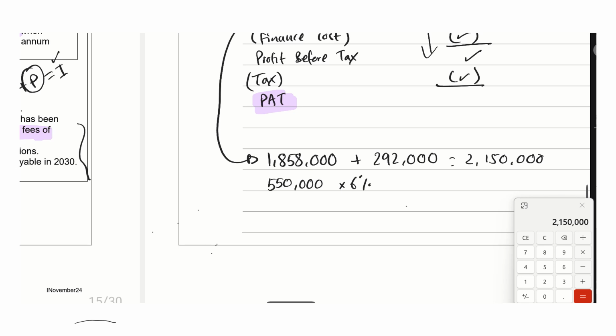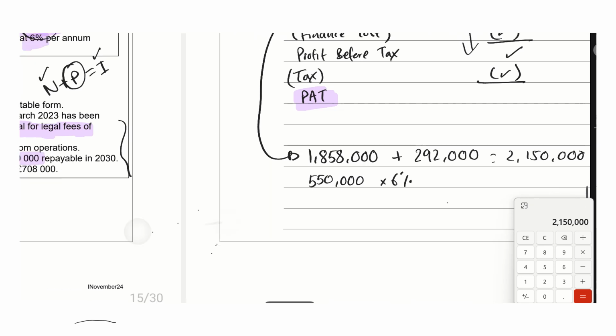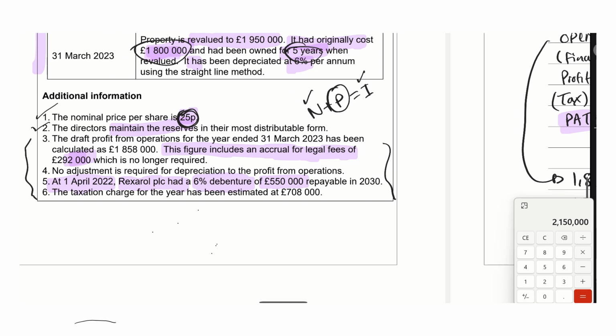Okay, you have a full year's interest here, because if you look at the date, it's right at the start of the year. Okay, if they had taken the debenture out halfway through the year, then you only charge half of the interest. If they only had the debenture for the last 4 months of the year, you apportion that to the last 4 months.